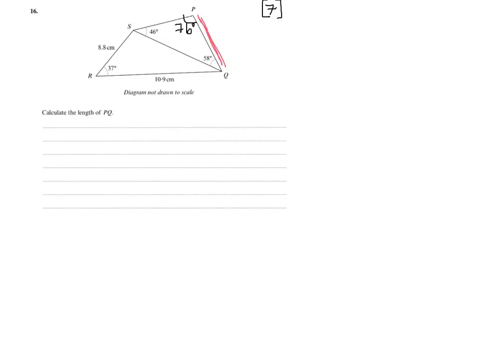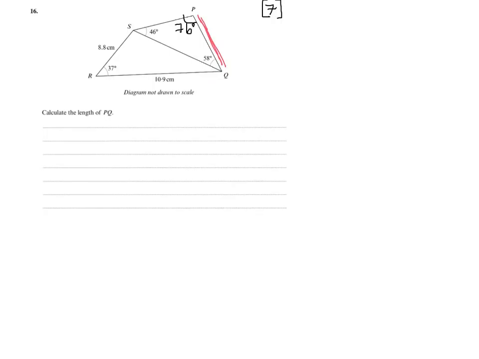What might allow me to work out the length of that line would be if I worked out this line first of all, because then I'd have 2 angles and a side, which would allow me to use the sine rule. So I've got to work out first of all what SQ is.